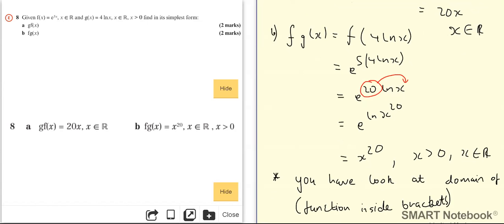Okay, does that make sense? Are we happy with that? Do you understand where this domain is coming from? Because we inputted g into f, the g x values are any real values as long as x is greater than 0. And that's why the x values for this whole function are x can be any real values as long as x is greater than 0.